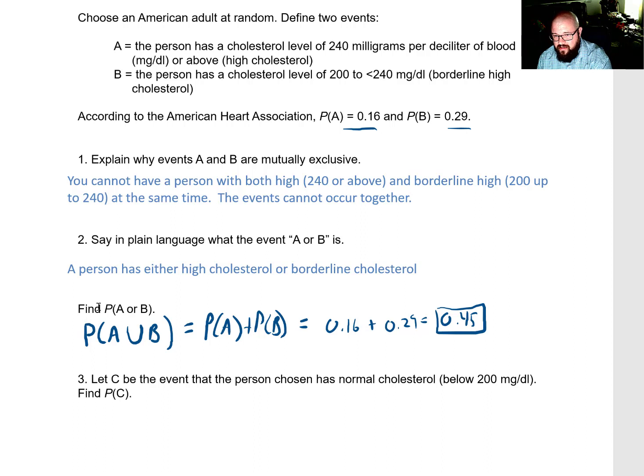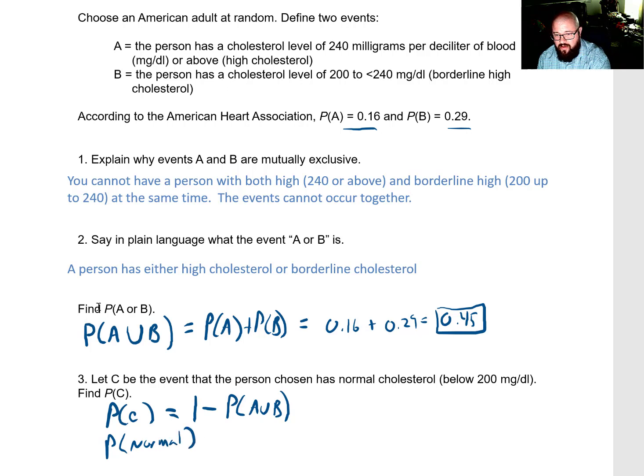So in this case, the probability of C is simply taking 1 minus our probability of being A or B in this problem, okay? And this is simply saying you have the probability of being normal cholesterol.